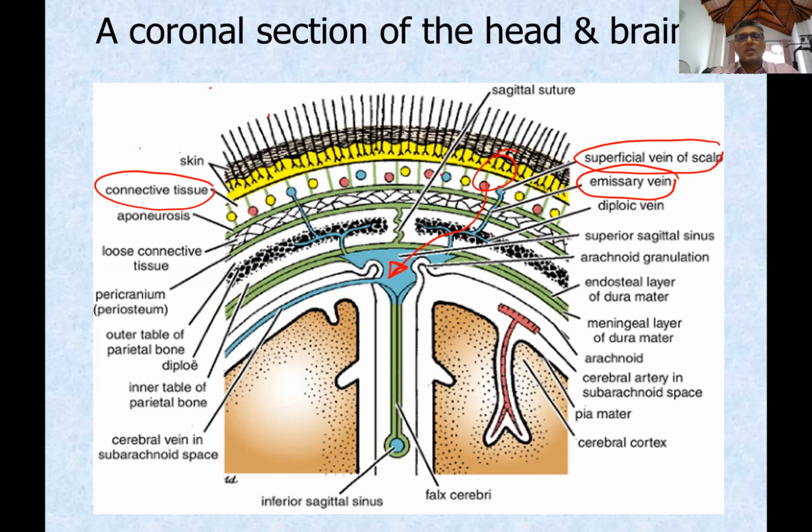So you can get infections spreading from the scalp area into the dural venous sinuses, which can cause problems. There are other connections between deep veins, venous sinuses, and superficial veins, and spread of infections. There are clinical points. You will learn these things when you move on with your course.